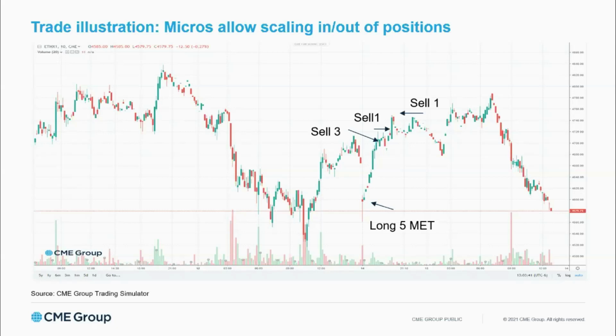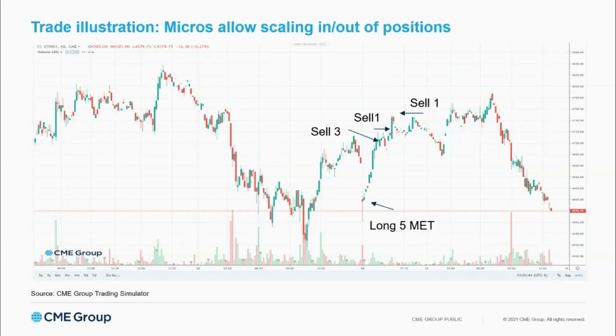So in this example, a trader wanted to go long 5 micro Ether, and this example was put together before the holidays when micro Ether is trading at 45.79. So this trader put on a long position at 45.79 of 5 contracts. Price appreciates, it's up to 47.00. They want to take off 3 contracts, but they want to leave on 2.